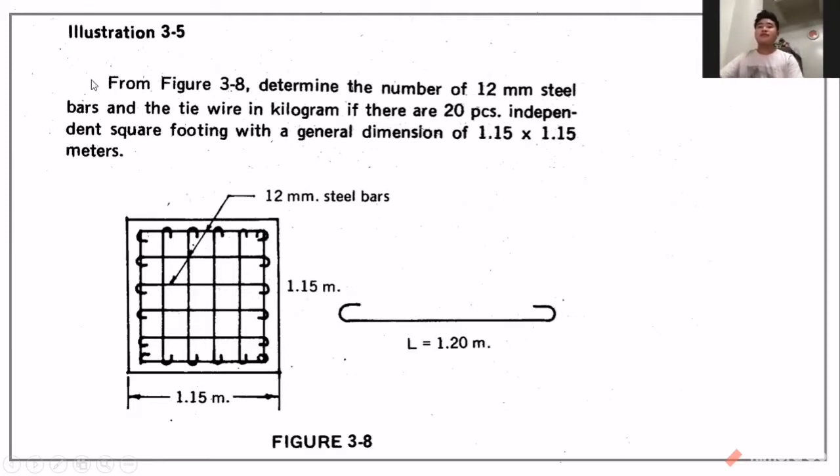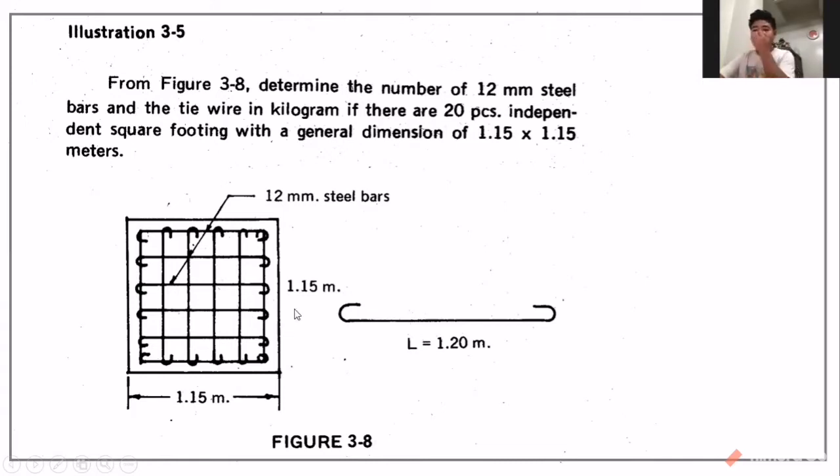So here for illustration 3 to 5, from figure 3 to 8, determine the number of 12 millimeter steel bars and the tie wire in kilograms if there are 20 pieces of independent square footing with general dimensions of 1.15 by 1.15 meters.